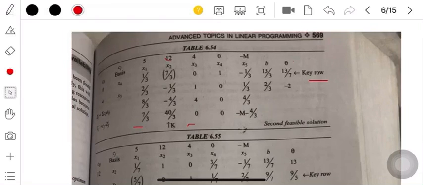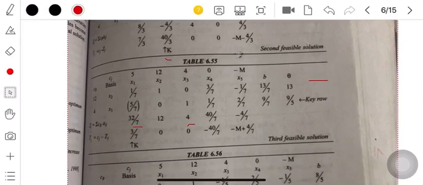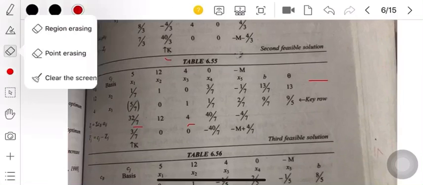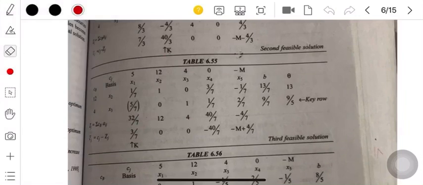So after doing all the iterations, again the values are not all non-positive, the values should be negative. This is again 3 by 7. So now x1 is going to enter, find the value of theta, and x3 is going to leave.